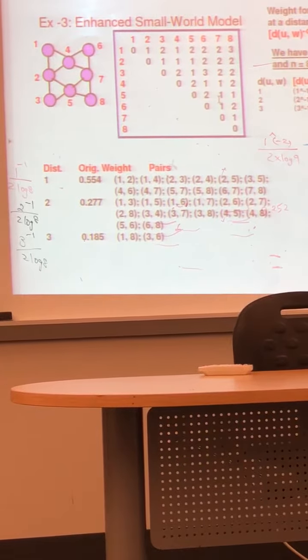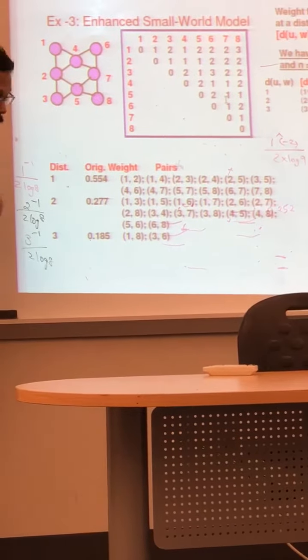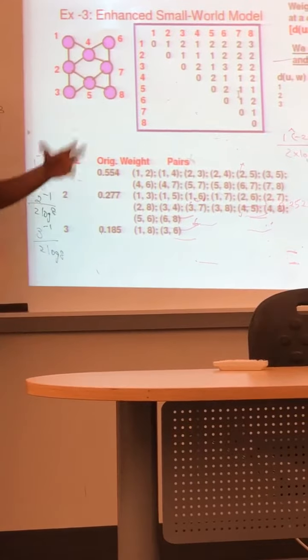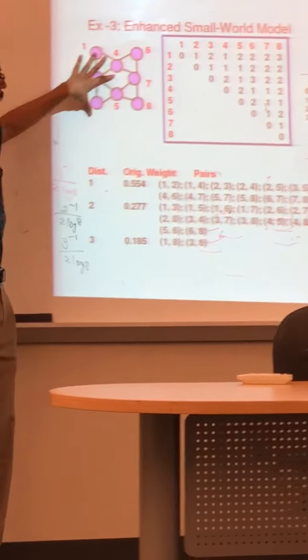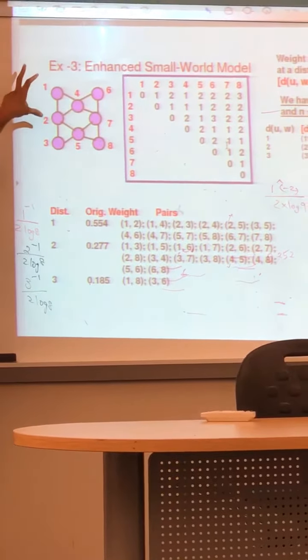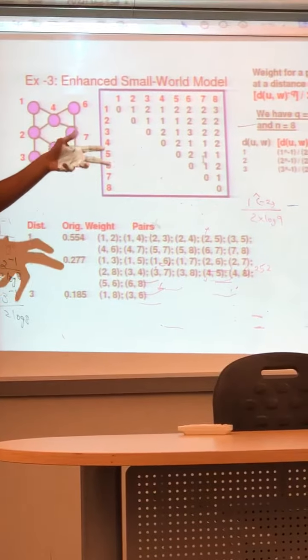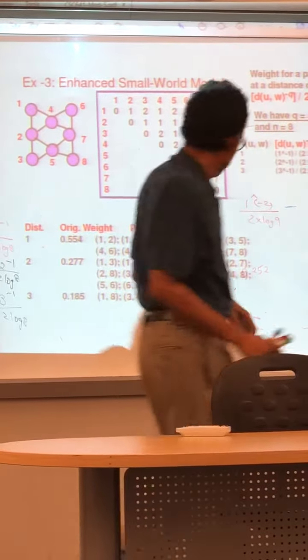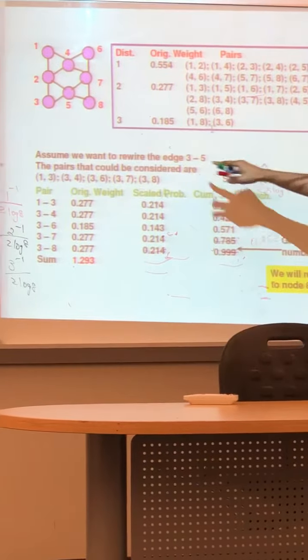Is that clear? Okay, so what I'll do is I could ask you to pick some random edge and rewire it, or I could say, given the graph, the rewire and the dimensionality, rewire the edge 1, 2 or 1, 4. Then you should rewire that particular edge. So let's see here. Say we want to rewire the edge 3, 5.